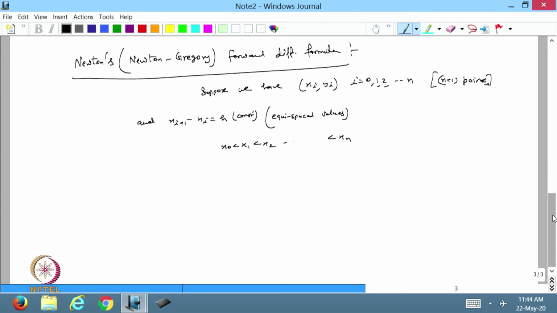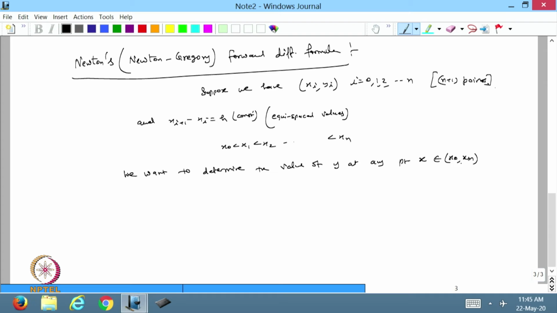Now, we want to determine the value of y at any point x that belongs to this interval x0 to xn. This is the open interval I am taking, because if I take the closed interval, the values at x0 and xn are already known to us.